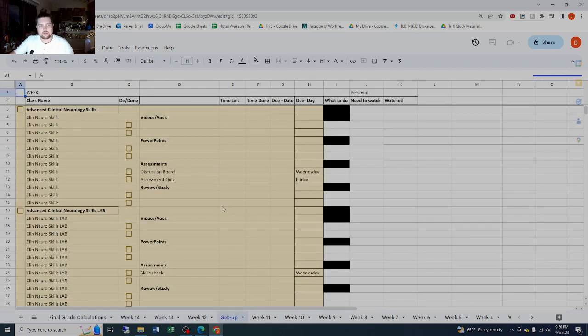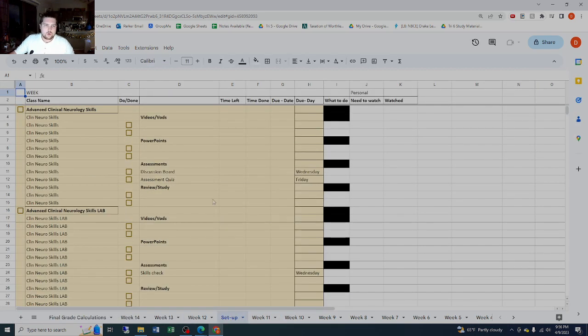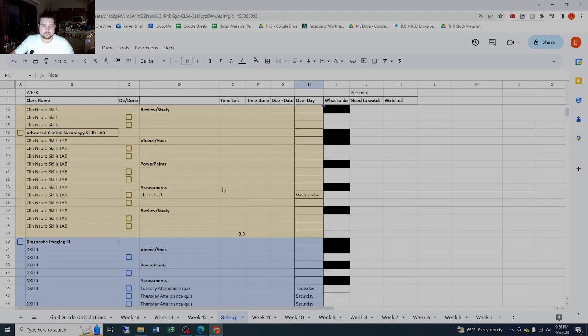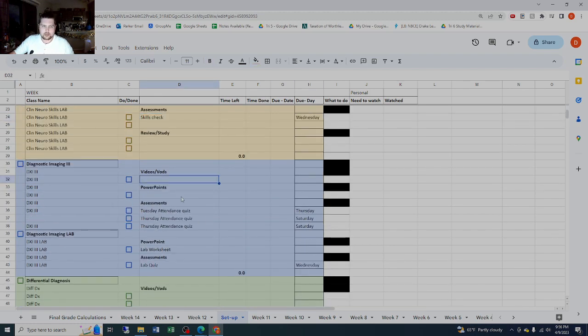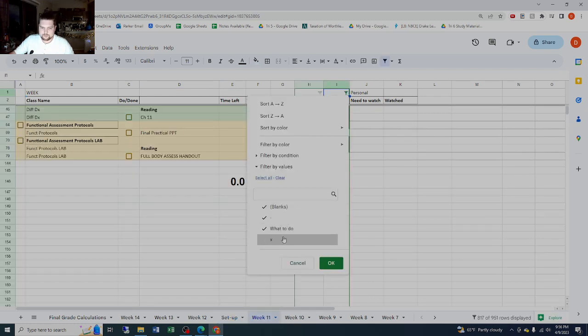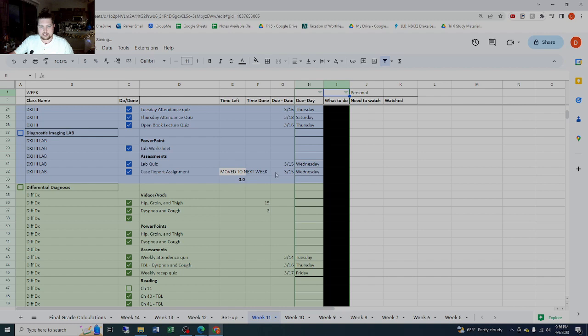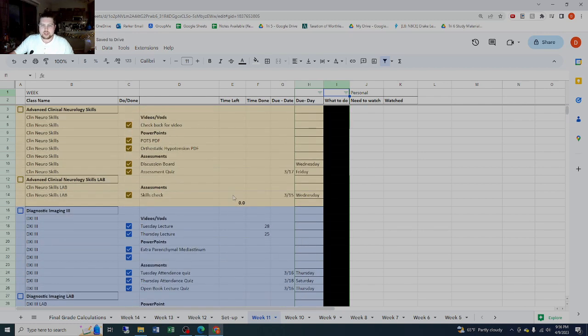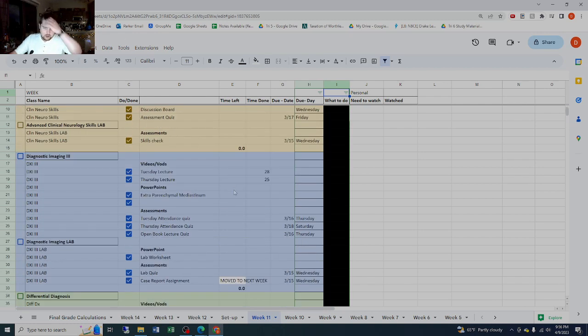Here is my setup, try 6. I have my videos, PowerPoints, what repeating assessments I'm going to have, add any additional assessments each week, and I include how much time I expect each thing to take, so I have a general idea of what to expect for that week.